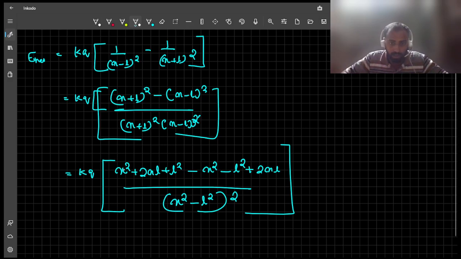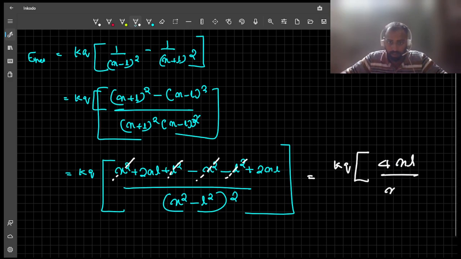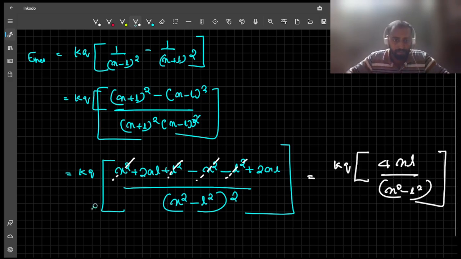Something we can get cancel here. This x square term and this x square term will cancel. This plus L square and minus L square will cancel. So net we will get kq into 4xL divided by x square minus L square the whole square, right?